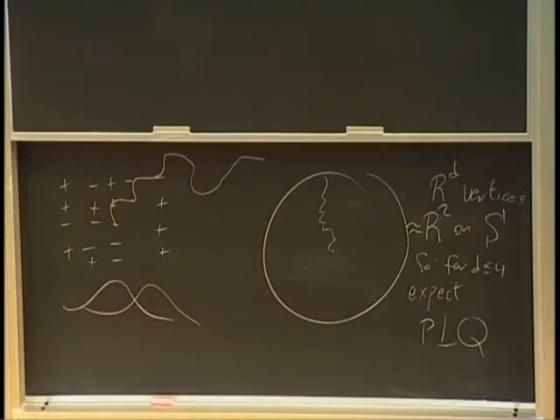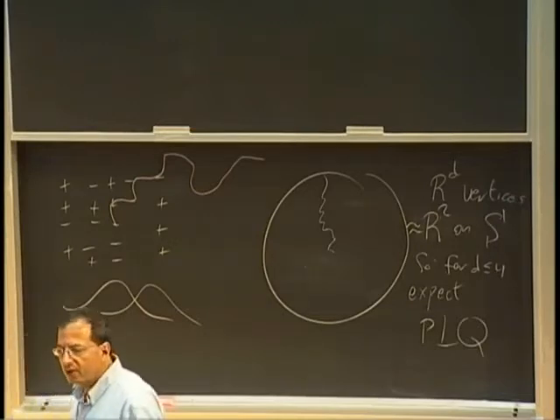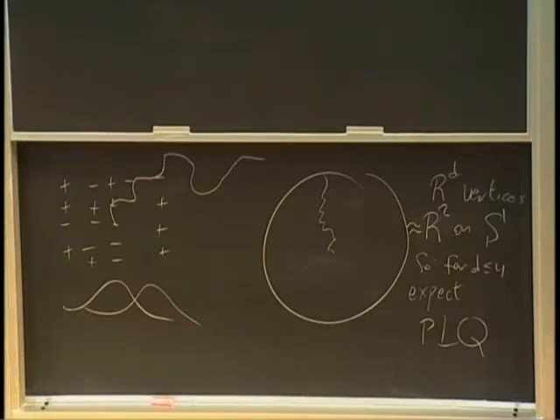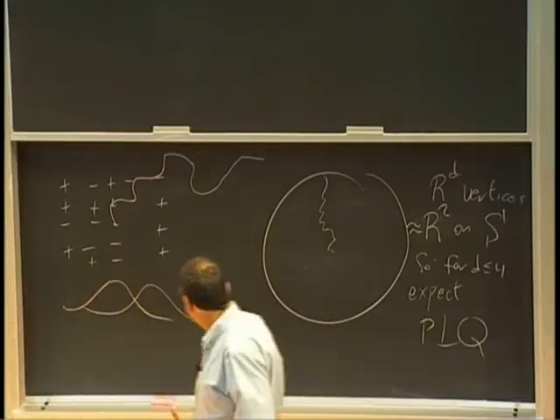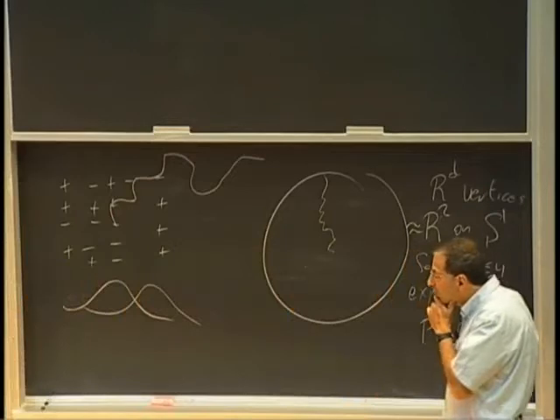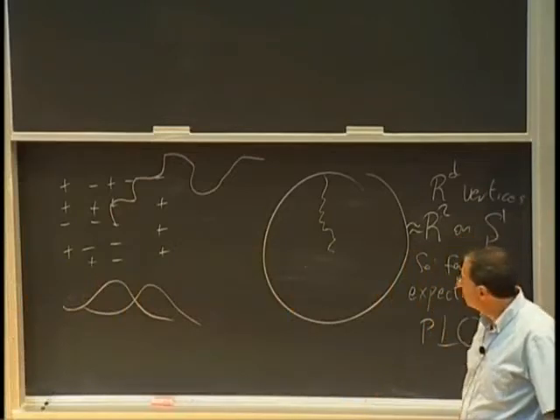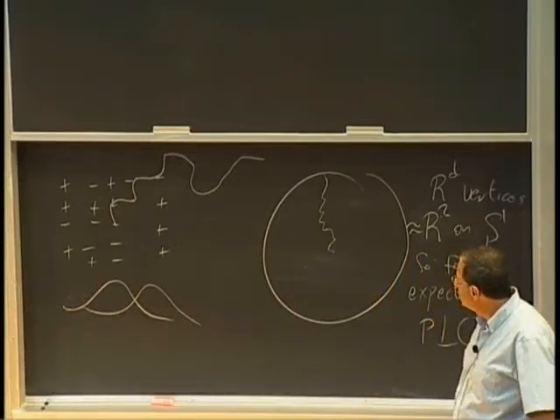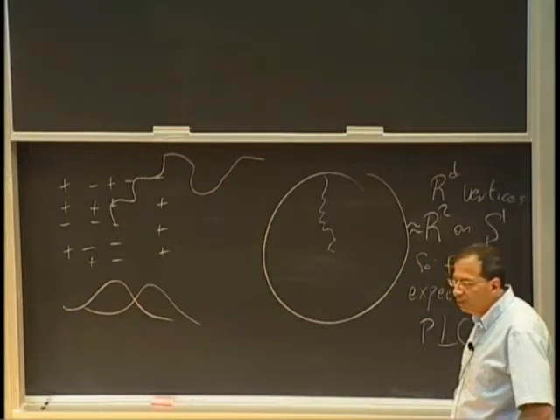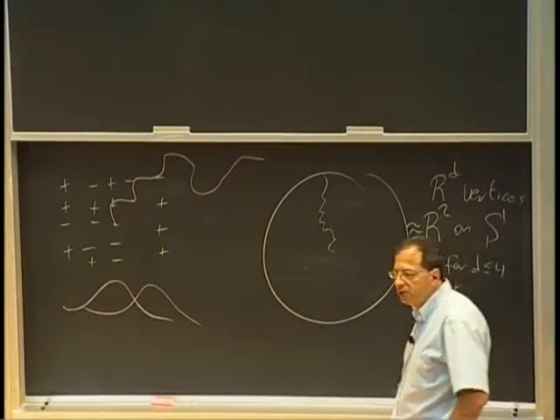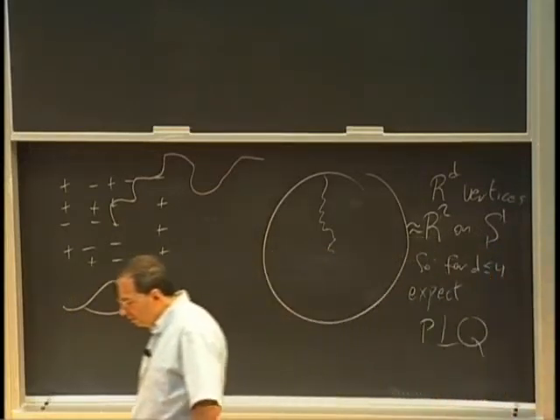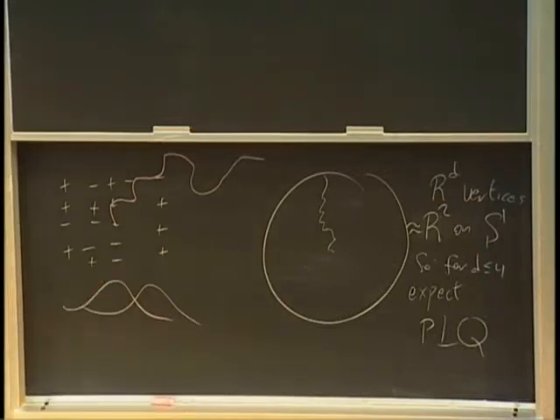So if we just count plus minus ones, we won't be able to detect the difference. However, it turns out, and people who know interlacements might have already guessed it, that for this problem with simple random walk, in any dimension, the measures are singular.